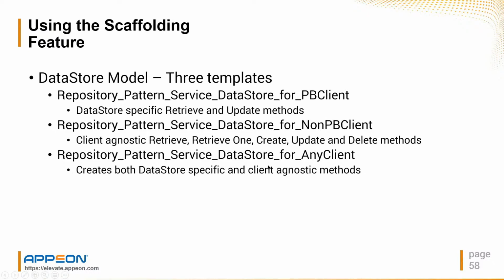Or the third option is DataStore for any client, and then what it does is it generates all these methods, so that you have services that you can call from both a PB client using the DataStore specific methods, and any other client using the non-DataStore specific methods. I should point out, PowerBuilder can use the agnostic methods, but there are some advantages when you're using PowerBuilder to using the PowerBuilder specific one, and we'll get into that.